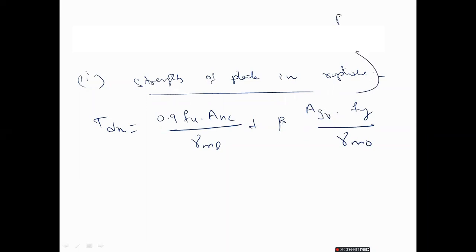This formula is available on page number 33 of the IS 800:2007 code book. So first we have to calculate Anc, Ago and also the beta value. Anc is the area of the connected leg, and Ago is the area of the outstanding leg.